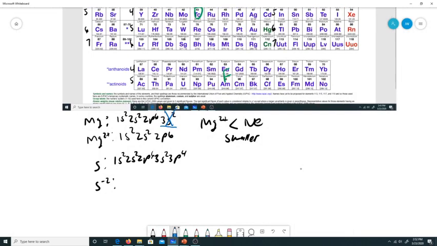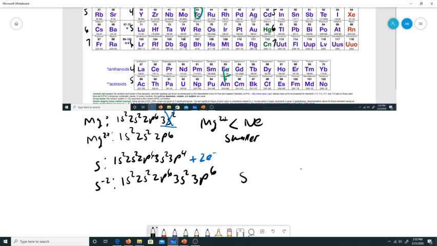That gives me 1s2, 2s2, 2p6, 3s2, and finally 3p6. That ends up being the electron configuration for sulfide, S negative 2.